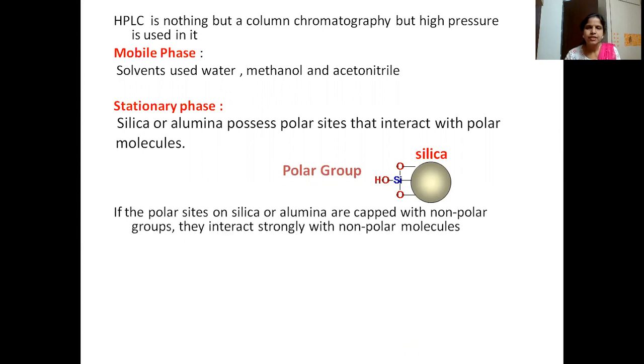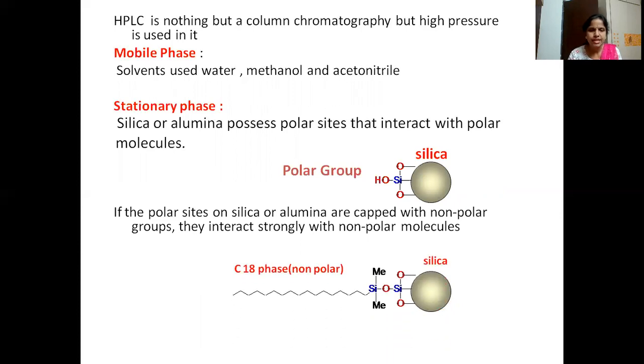Now, if we want to convert that polar site into a non-polar site, we have to incorporate a long chain hydrocarbon in it. In the next example, you can see the same silica which had the OH group, now replaced by a long chain carbon group. If it is 8 carbons, we call it an octyl group. If it is 18 carbons, we call it an octadecyl group.